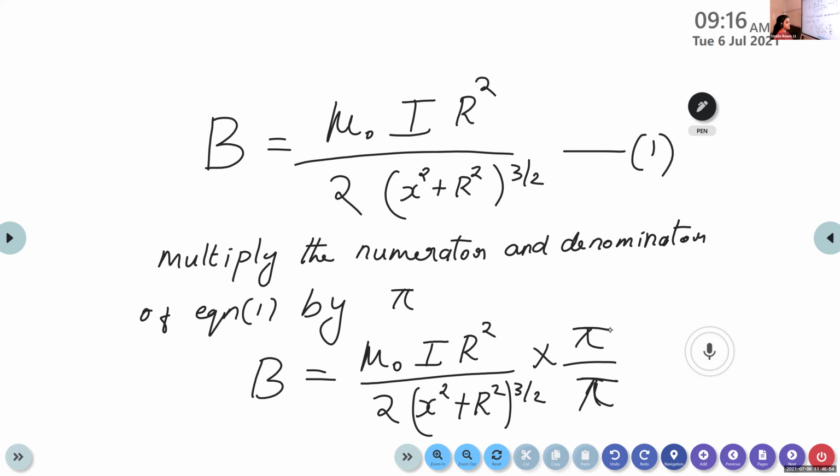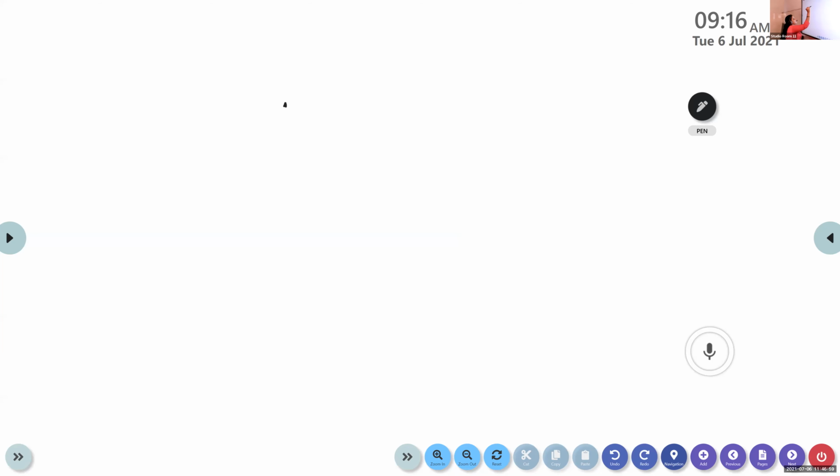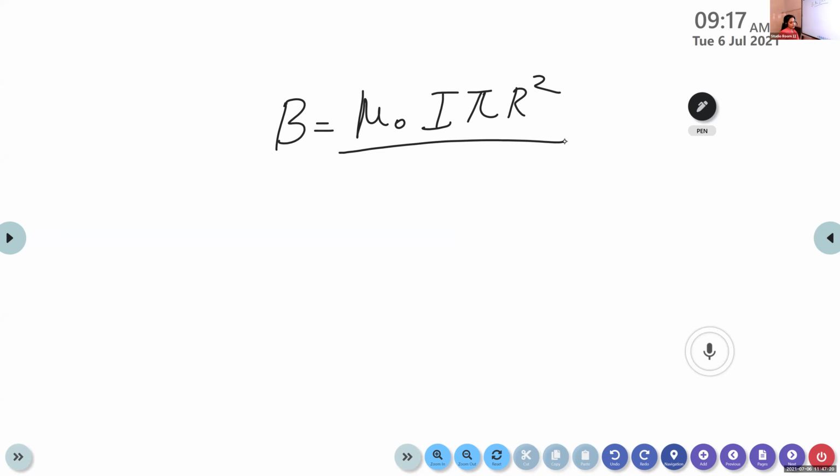Or we can rearrange this equation. Rearranging this, we get B is equal to mu 0 I pi r square divided by 2 pi into x square plus r square, the whole raised to 3 by 2.